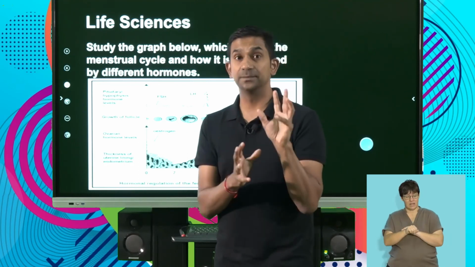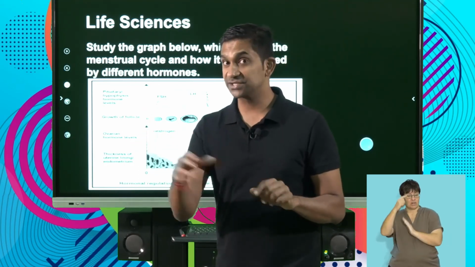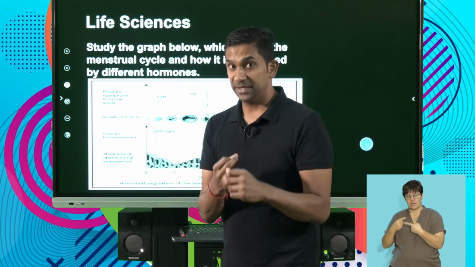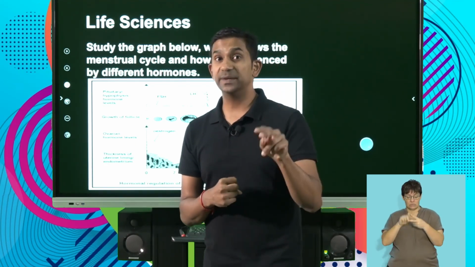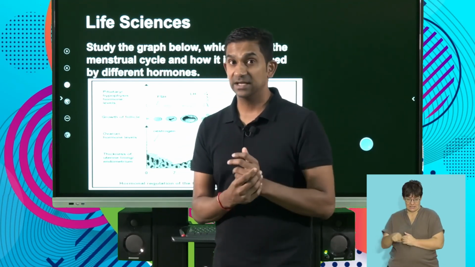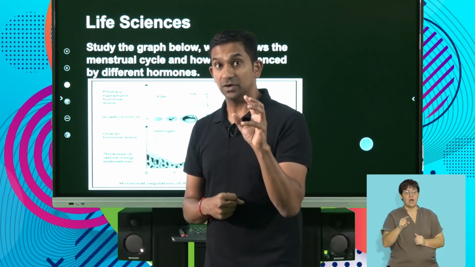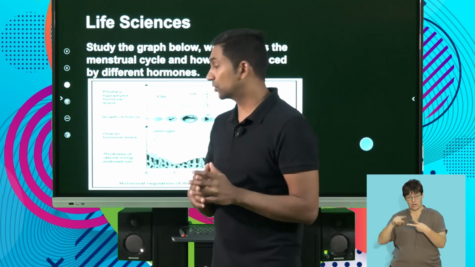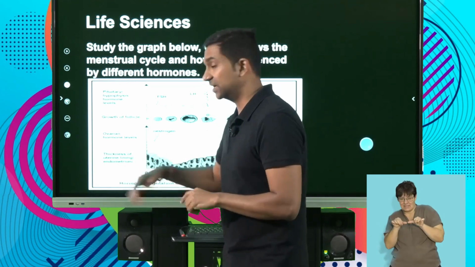We've looked at the menstrual cycle and the processes occurring in the ovary, such as ovulation and menstruation. It's important that we remember the two hormones FSH and LH produced from the pituitary gland, and that the ovarian hormones progesterone and estrogen are significantly important in maintaining the thickness of the endometrium.